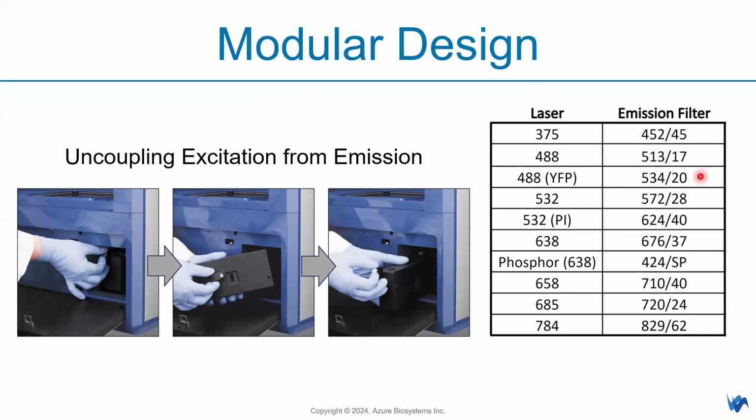That means if, let's say, in the future you already have these 488 modules, but one day you happen to have a strain or a plasmid or a transfection kit or some sort that is using yellow fluorescence protein, or a cell line that has yellow fluorescence protein, what you need to do is only purchase the emission filter and swap it in, and then you can image yellow fluorescence protein. So that's the whole modular design for maximum flexibility.